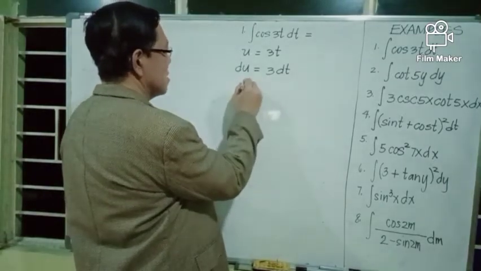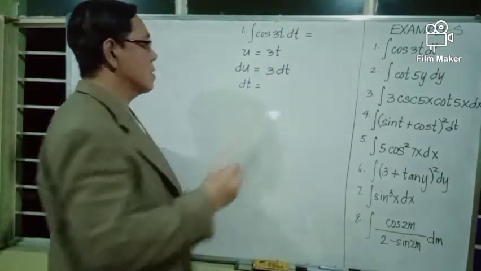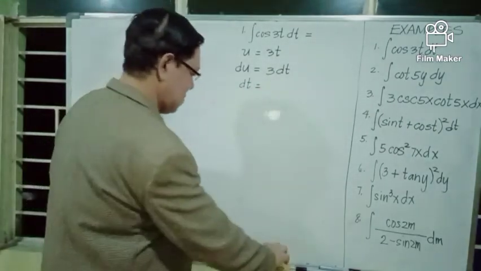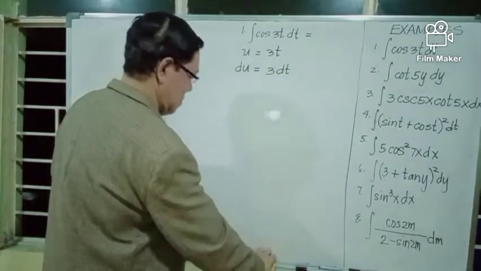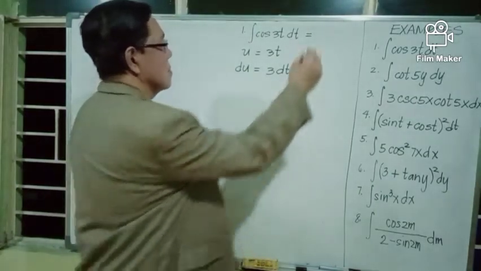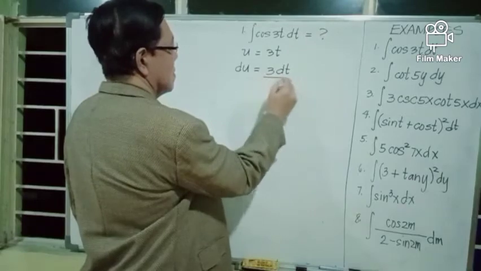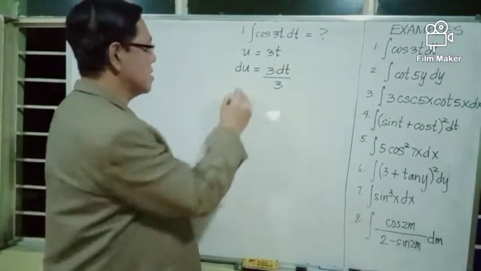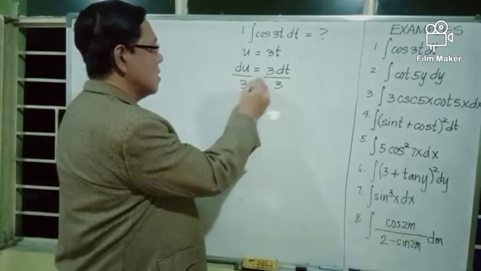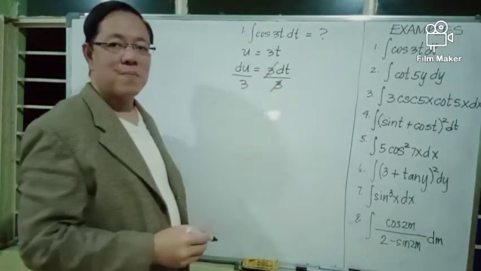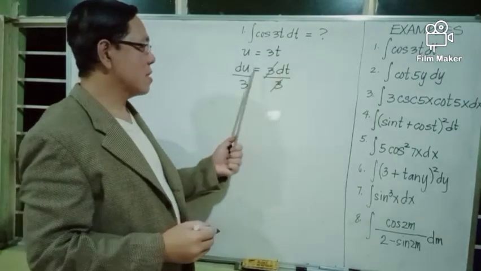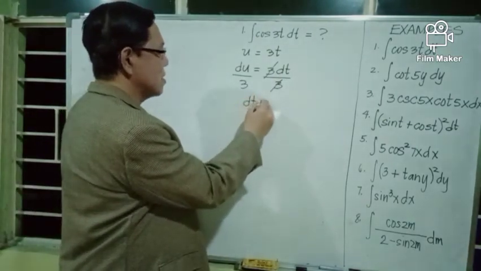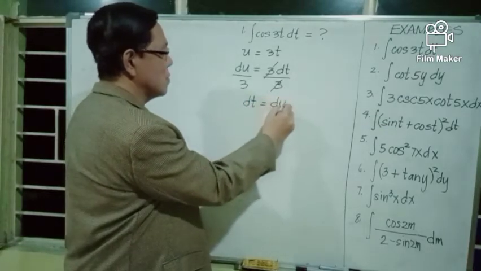The 3 will cancel out, and you get dt equals du over 3.